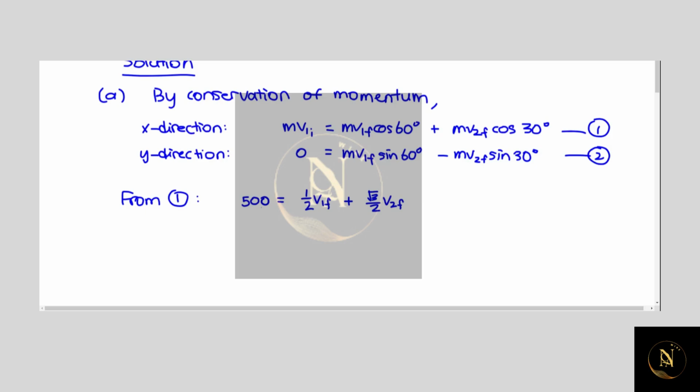And then from 2, we have 0 is equal to root 3 over 2 v1f minus half v2f. So this means that root 3 v1f is equal to v2f.